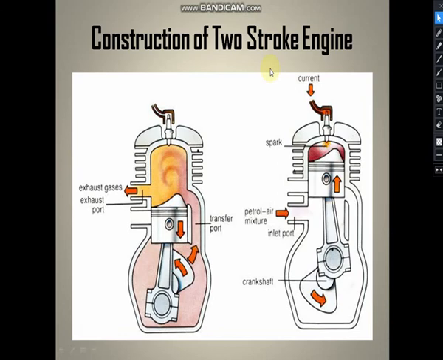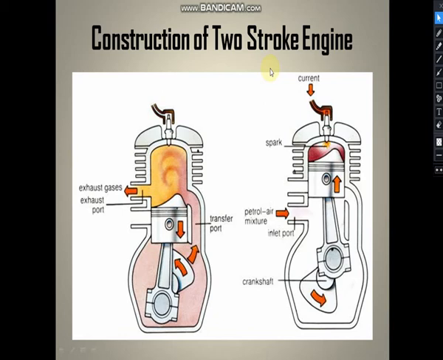Ports are used because all the processes are done within one revolution of the crankshaft. If we use the intake valve and exhaust valve here, it is very difficult to operate the valves very quickly.